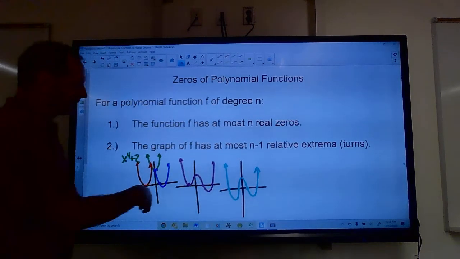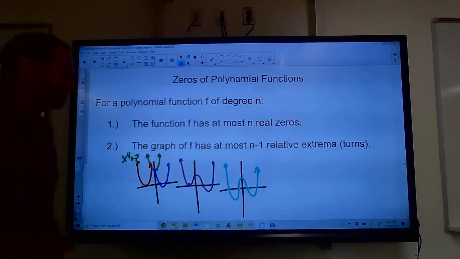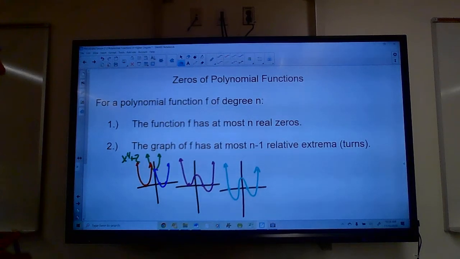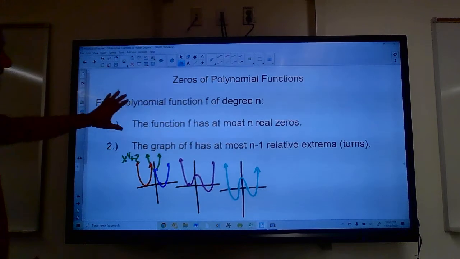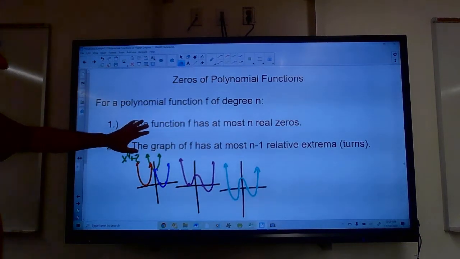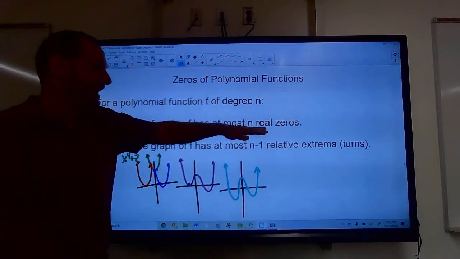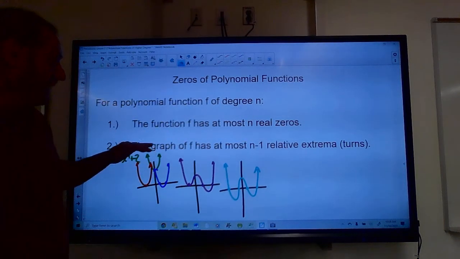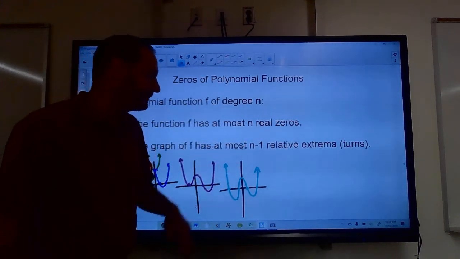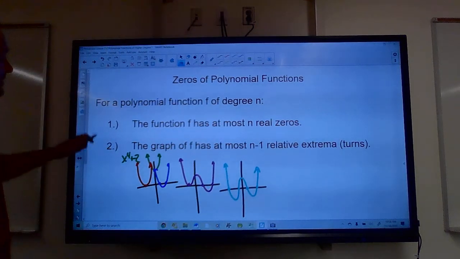All these things are some kind of x to the fourth, degree 4 equation. Important things to know when you're analyzing a graph: if it's degree n, it has at most n real zeros, and it has at most n minus 1 turns.